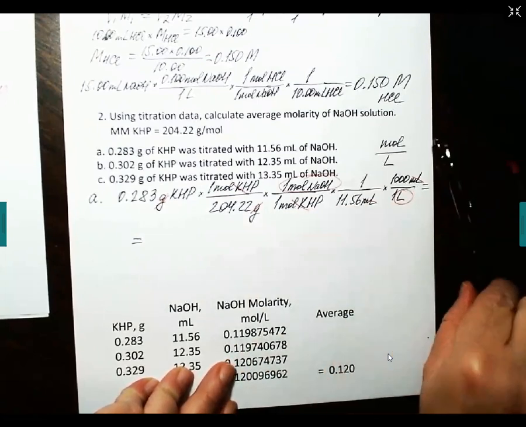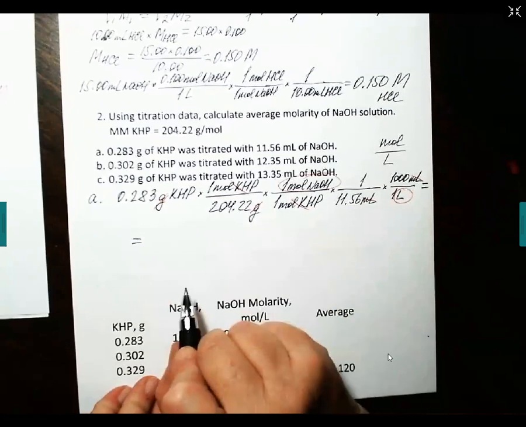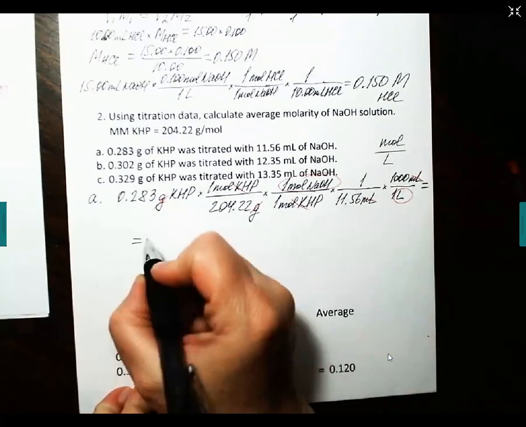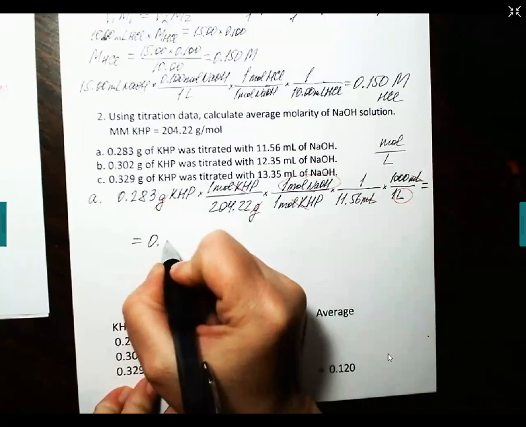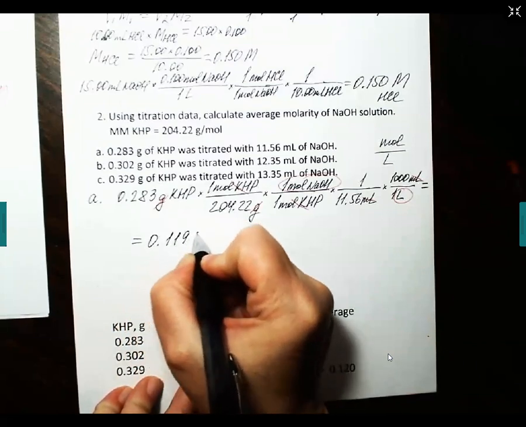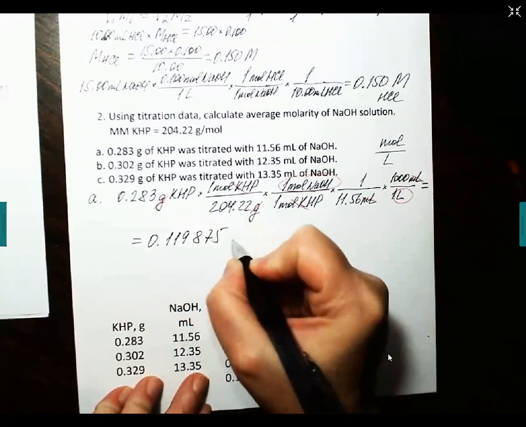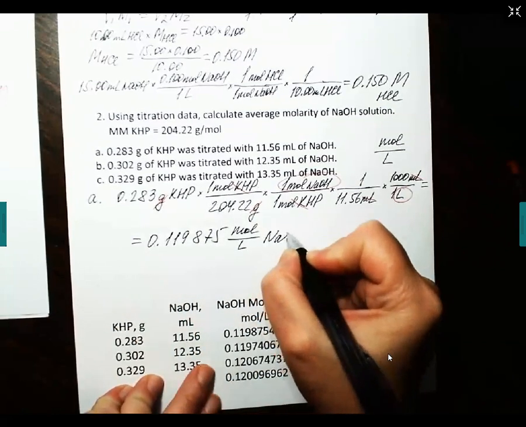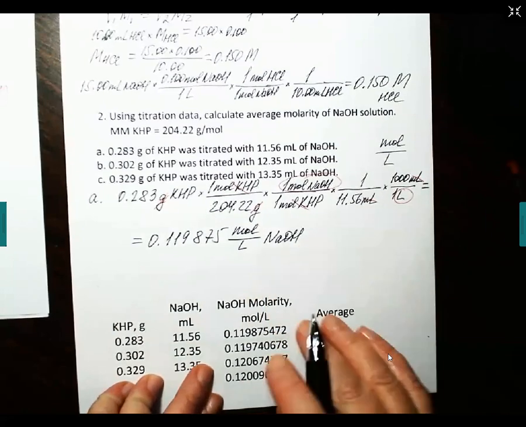So we have the unit that we need. And after we multiply and divide all of this, we'll get 0.119875 moles per liter of NaOH, which is molarity.